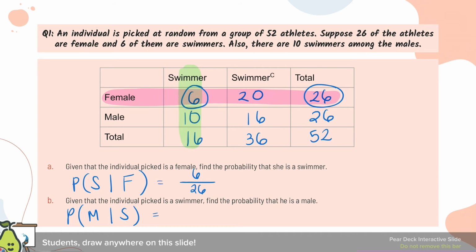And in the new sample space, our total is going to be 16, and of that 16, 10 of them are going to be our given part, or the part that we were looking for. Okay, so that's my value. We have 6 out of 26 and 10 out of 26.